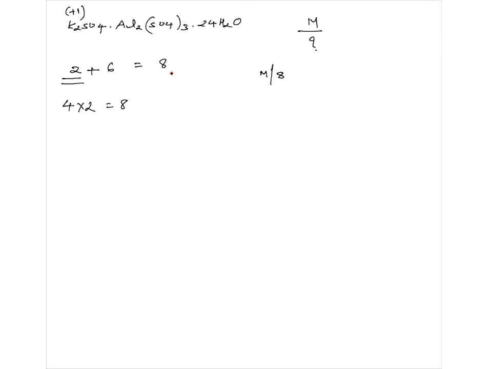So your answer, m by 8. What is m? Well, that you can find out. It will take some time to work that out. Potassium's mass, sulfur, oxygen, aluminum, all masses you have to add. You can get m. Any questions? Let me know.